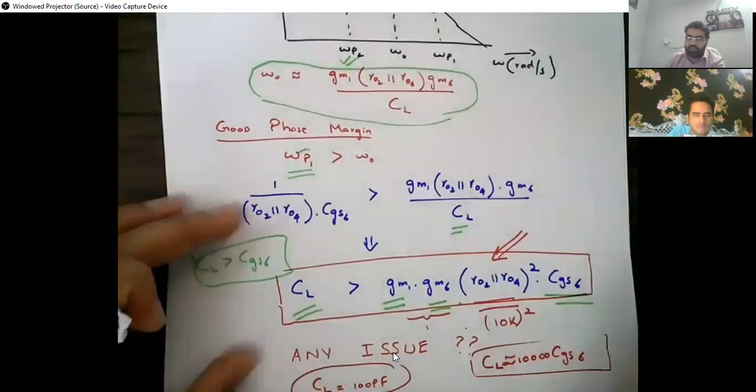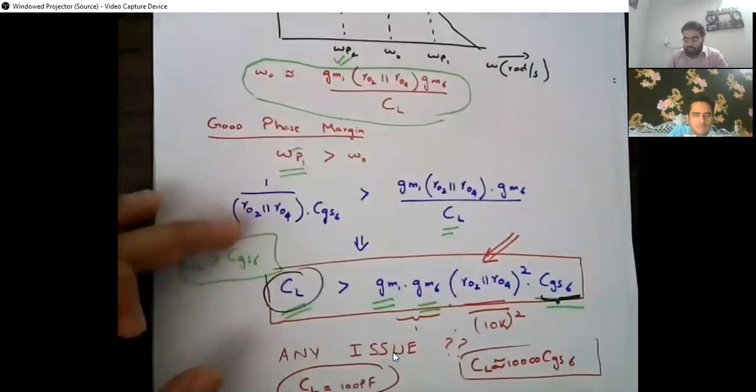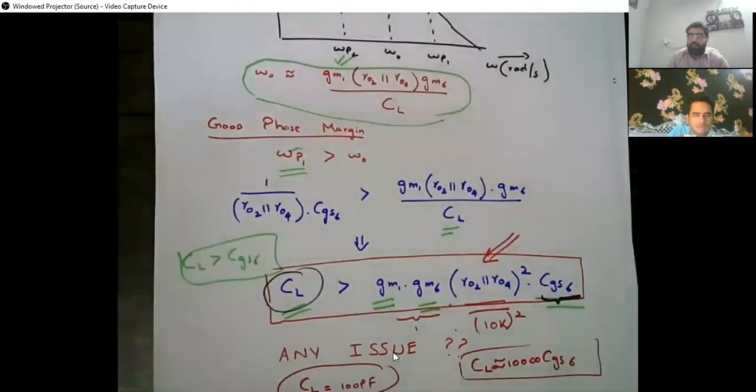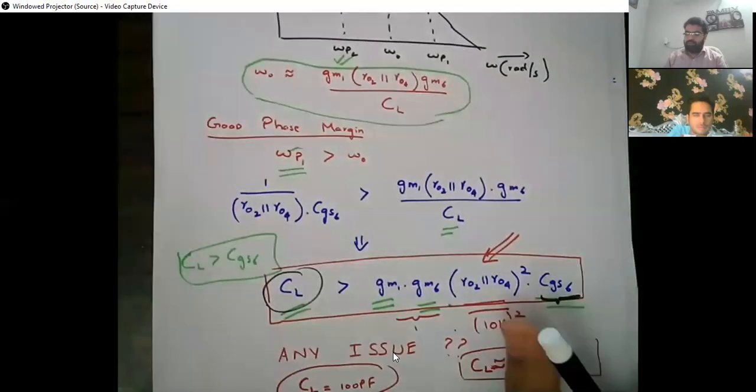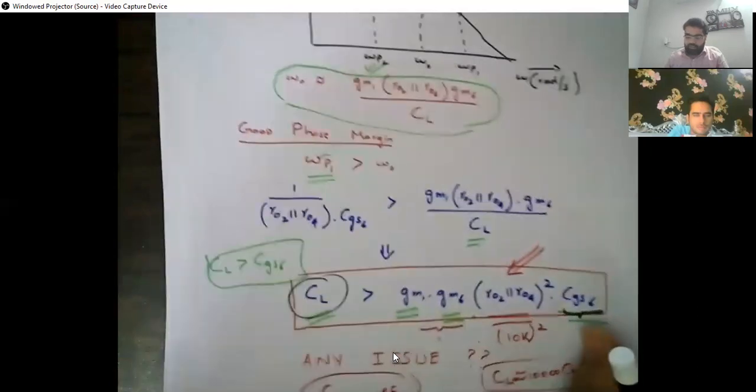That condition was too big and is not a practical design. You can put it in simulation, but you cannot fabricate that design or test it on real silicon. So that was the main motivation of adding a compensation capacitor and seeing the Miller effect.